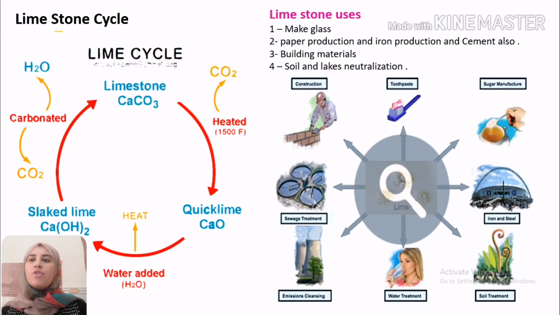The structure of limestone is calcium carbonate, CaCO3. When we heat calcium carbonate at high temperature, it will convert into quicklime. Quicklime is calcium oxide, and carbon dioxide gas will be produced. Start to memorize the structure.